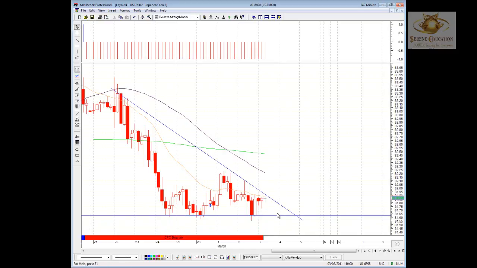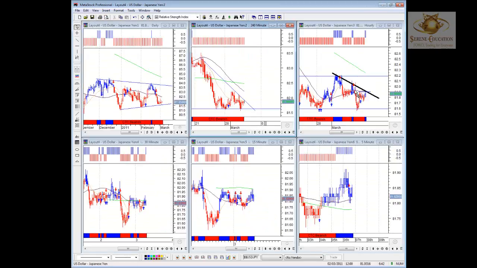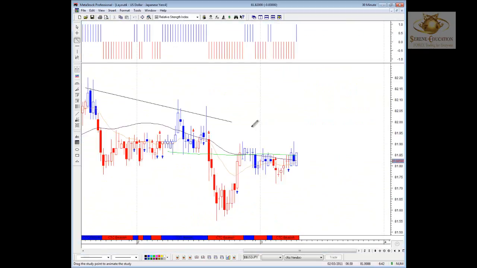Be aware of that. We need a break of that particular trend line in order to see further upside movements. Otherwise, all we're going to do is see price bounce or trade through it, take people in, and then trigger their entry levels, and then go against them and trade to the downside again because market sentiment is still negative.